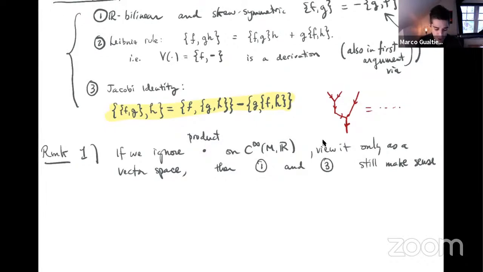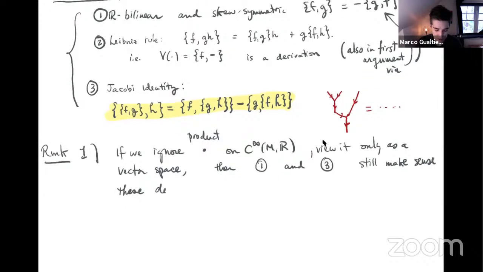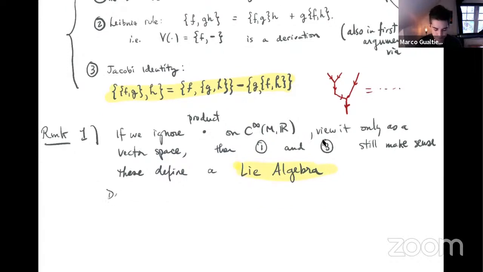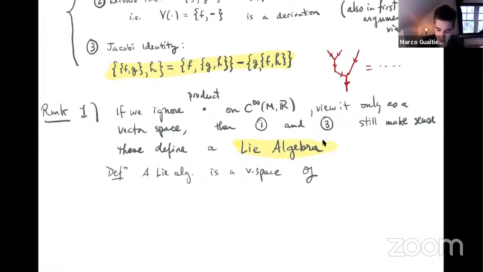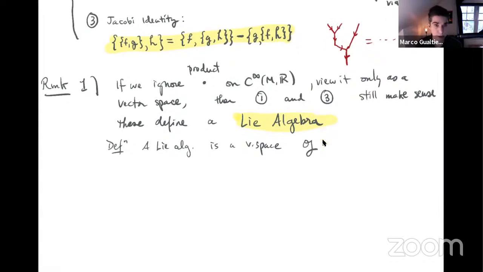And this is the definition. These define what is known as a Lie algebra. This is going to be something that comes up for us a lot. So a Lie algebra is a vector space. Usually it's denoted by a lowercase math fraktur letter, usually little g.